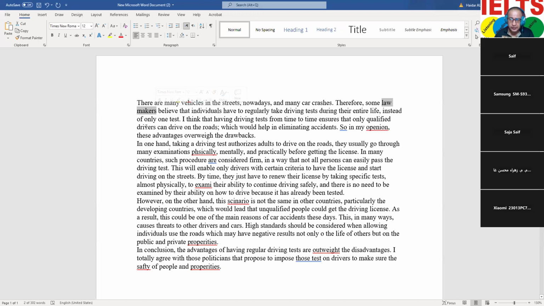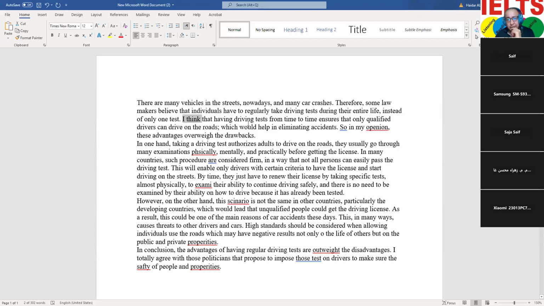It should be officials, is better. Believe that individuals have to regularly take driving tests during their entire life instead of only one test. I think that having, where is in my opinion? In my opinion is better than I think. Okay. In my opinion, comma.